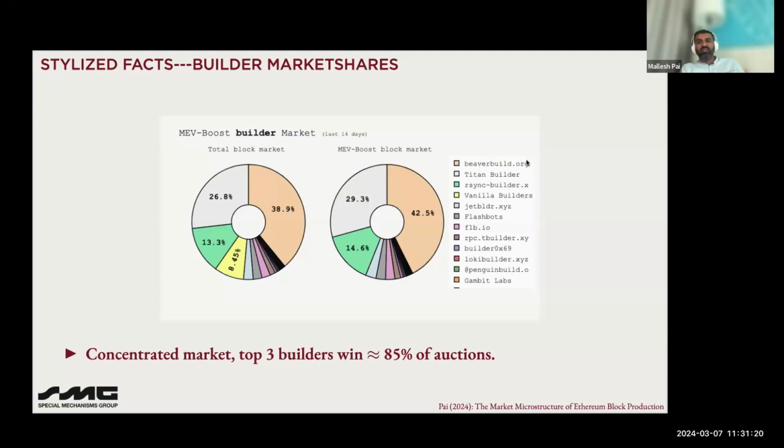One of the interesting things is that currently, as of the last 15 days, for example, the market shares are incredibly concentrated. So the top three builders win about 85% of the auctions. These are the builders known as Beaverbuild, rsync, and Titan. And there's a small competitive fringe, but that fringe is only winning about 15% of the auctions right now.